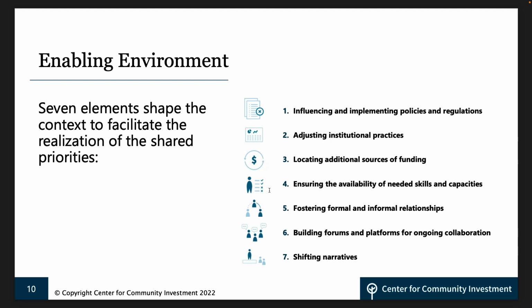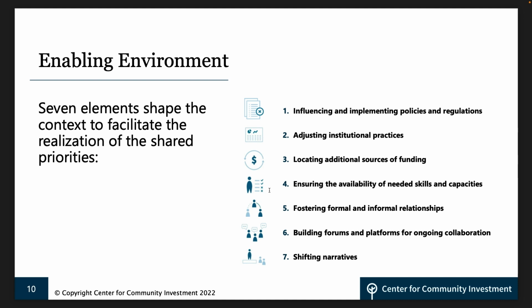So we look at policies like zoning. We look at institutional practices like how do we prioritize subsidies or when are our application deadlines. We look at the resource flows in a particular community. Where is subsidy going? Where should it be going in order to meet the shared priority? We look at things like relationships among different actors, skills and capacities that are present or absent, all the things that you see here.